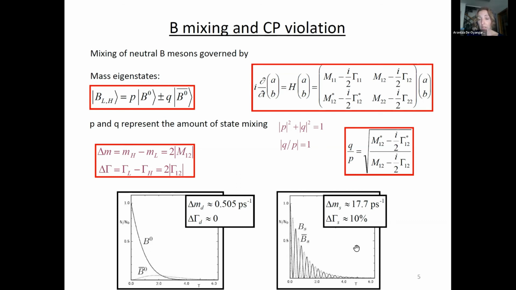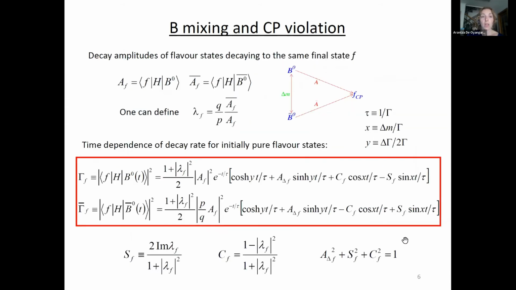In the case of the Bs system, you have a delta Ms of 17 inverse picosecond, and a delta gamma of about 10%.